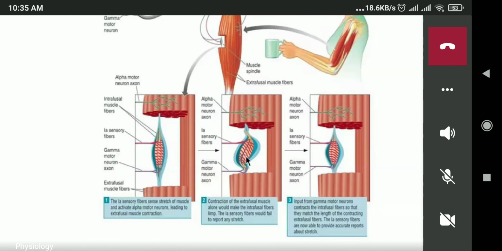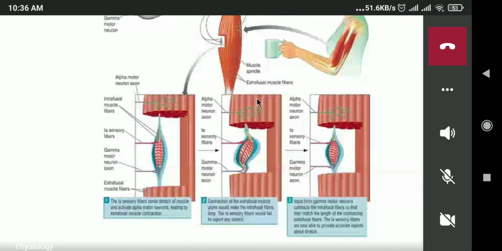So the gamma motor comes from here. So this is contracting. Now the sensation is going through the sensory neuron, going to where? Going to the spinal cord. So from the spinal cord there is alpha motor neuron.